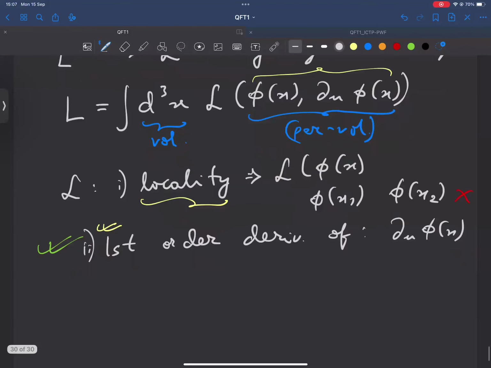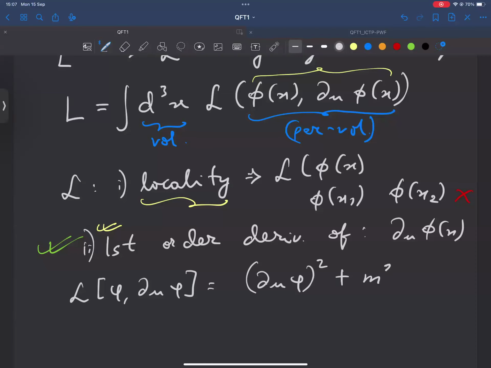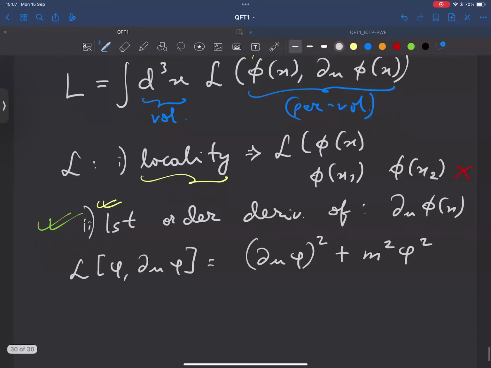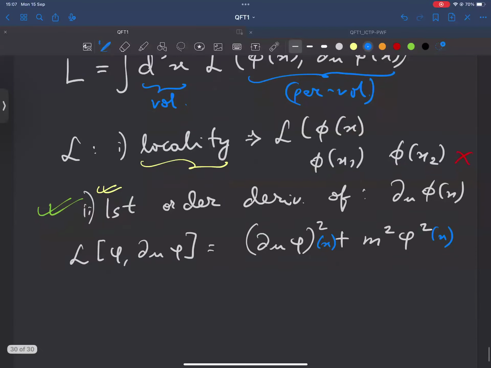By locality, I mean, let's look at an example. Take a Lagrangian of this form. You see that all of this implicitly assumes that they are all functions of x.